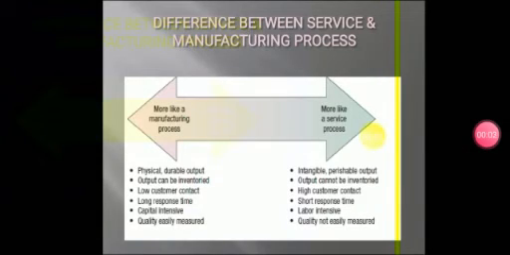Two major types of processes are service process and manufacturing process. We can differentiate between them on the basis of the nature of their outputs and the degree of customer contact. Manufacturing processes produce physical and durable outputs, and their outputs can be stored.